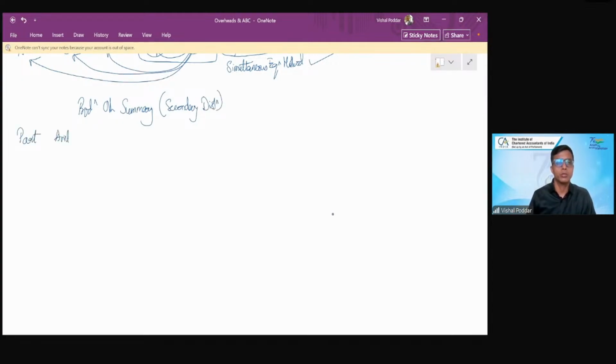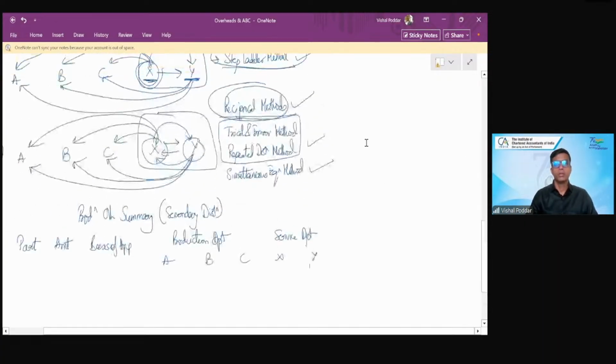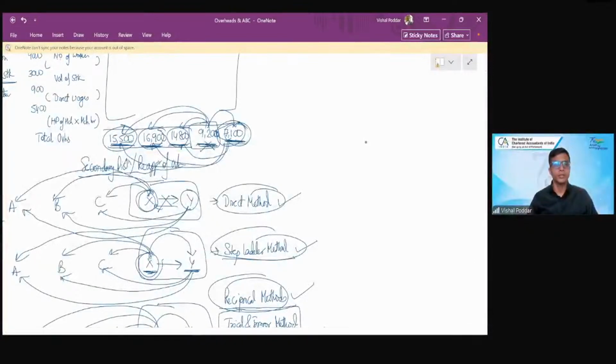Particulars, amount, basis of apportionment, production departments, service departments. Right? Now, this question starts from this stage.